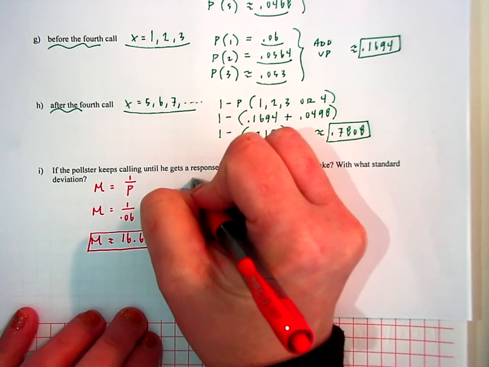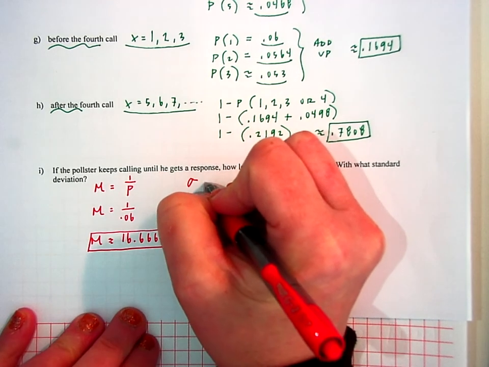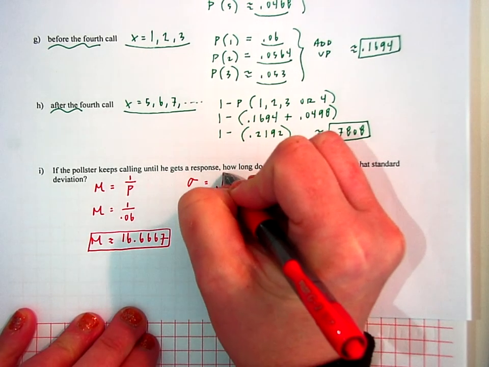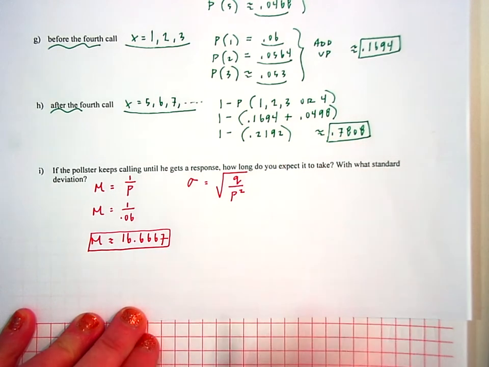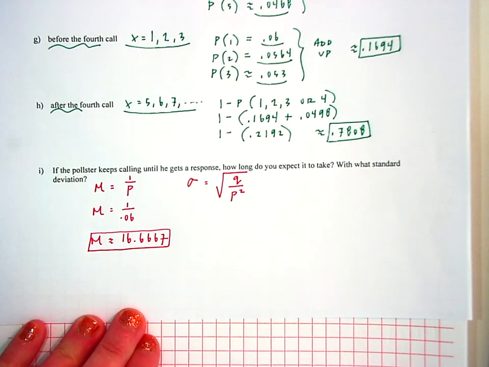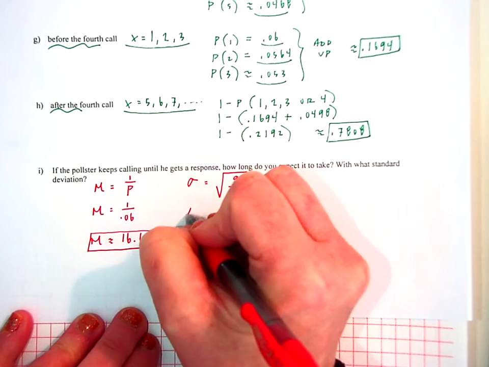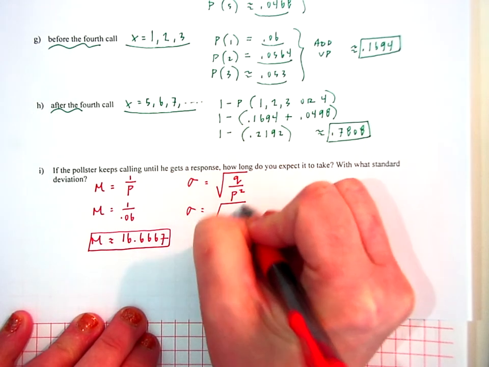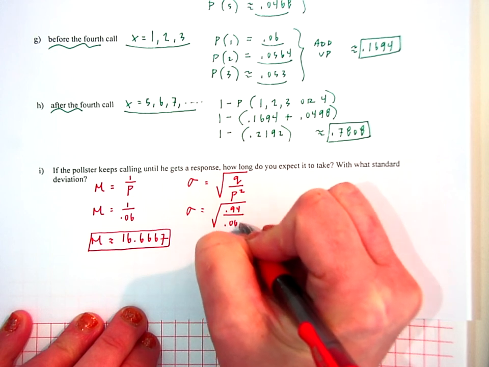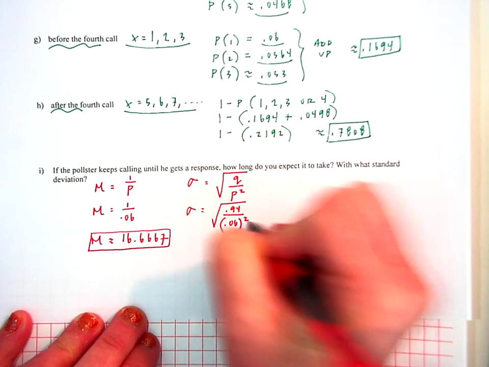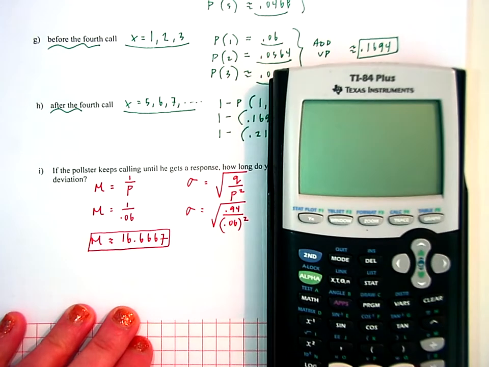Okay, with what standard deviation? So again, this is our indication of variability, how spread out our data is in relation to the mean. So I'm looking at the square root of q divided by p squared. So when I plug it in, square root of 0.94 divided by 0.06 squared. Let me show you how I type that in.